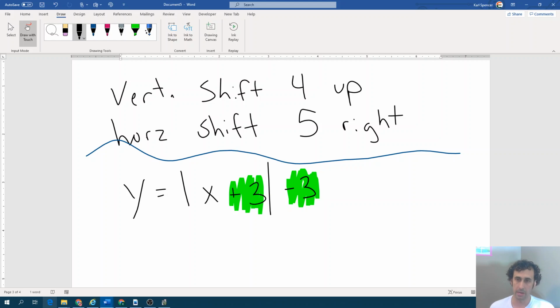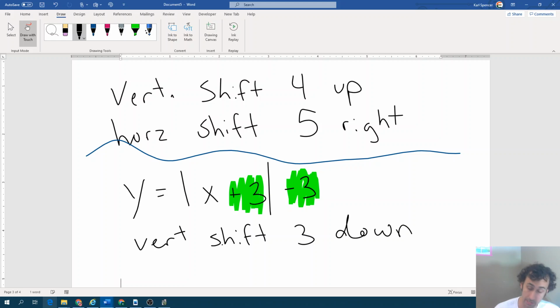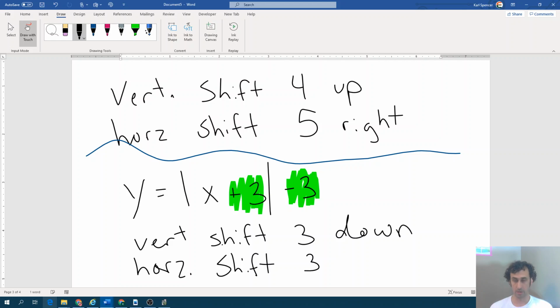Because it's on the outside of our absolute value, we're going to do a vertical shift, 3 units down. Because it's a negative 3, we go down. That positive 3 on the inside is a horizontal shift, 3 units. In the horizontal shift, we do the opposite. So plus 3 means we go to the left.